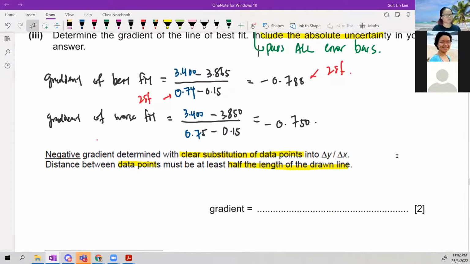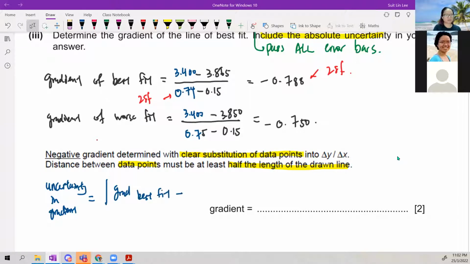So to find the absolute uncertainty, or the uncertainty in gradient, you will take the modulus of the gradient of the best fit minus the gradient of the worst fit.